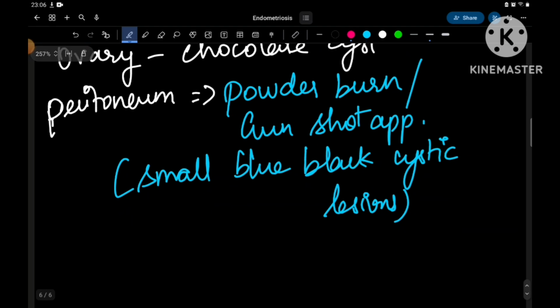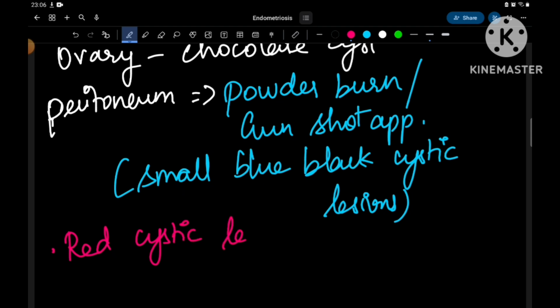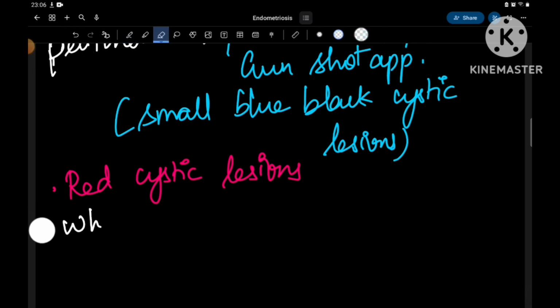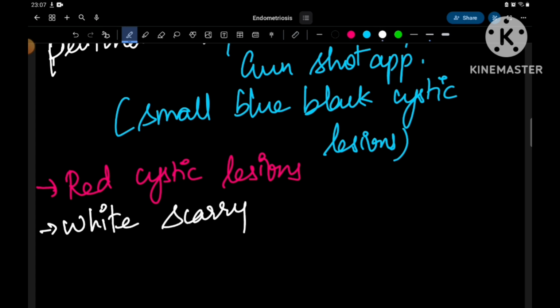Next, there will be red cystic lesions, and there will be white scarry lesions, because scar endometriosis can also occur in this.